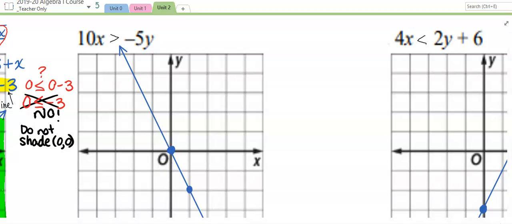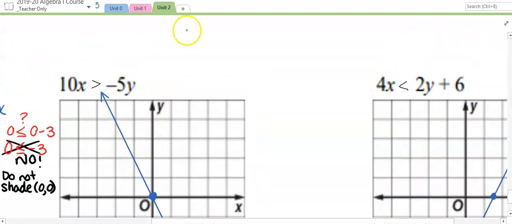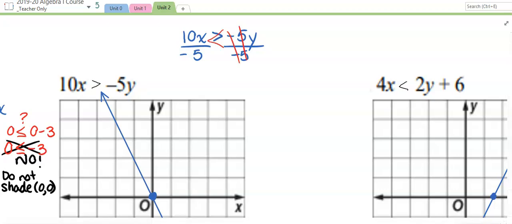Let's take a look at the next one. We're trying to get y by itself. 10x is greater than negative 5y. I need to divide by negative 5, which cancels out on the right, but it does cause my sign to flip. So now I have negative 2x is less than y.